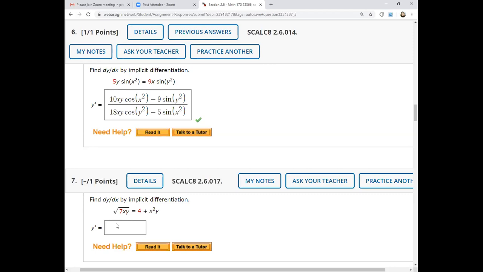What did I forget to do? I have to simplify the complex fraction, but I'm getting dy dx.